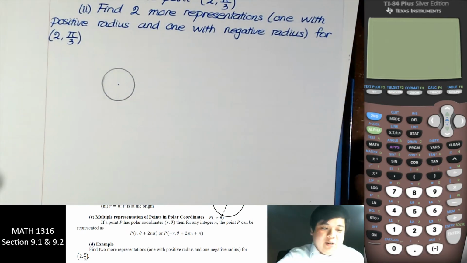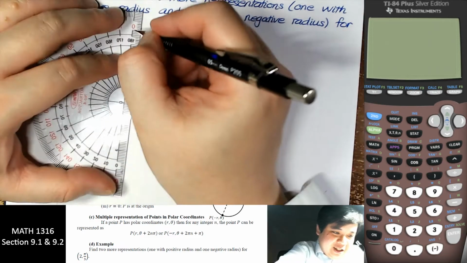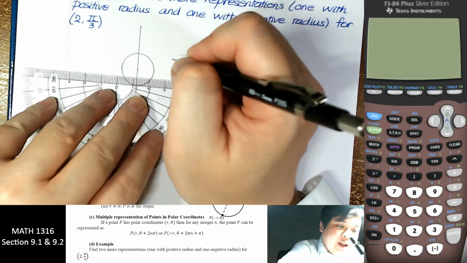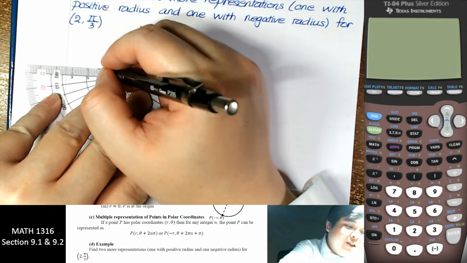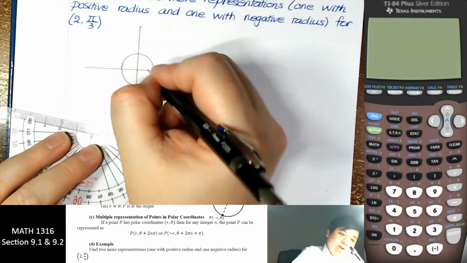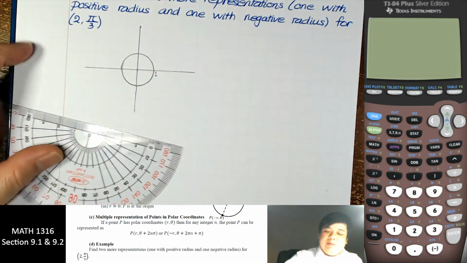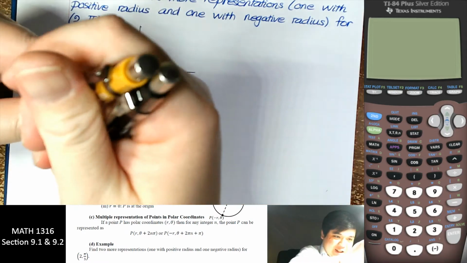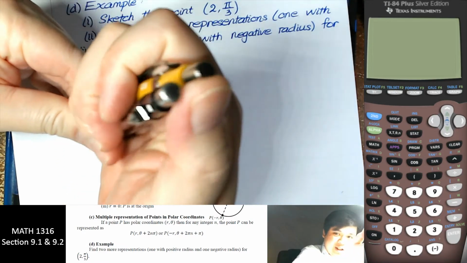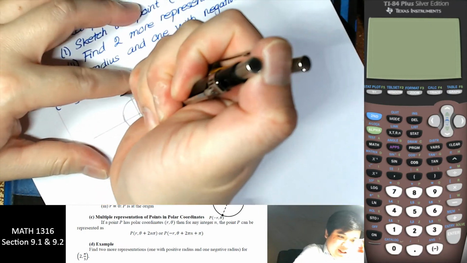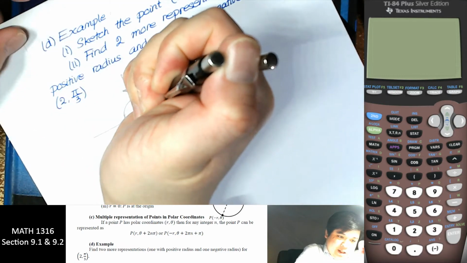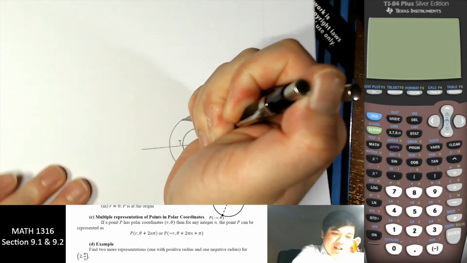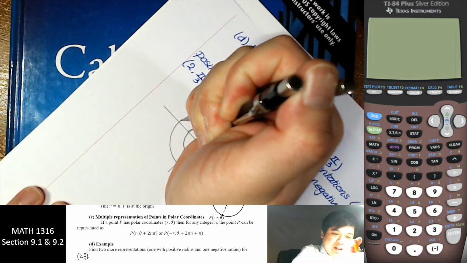Right, so we have one circle. This circle has radius 1. Now I'm going to draw the circle of radius 2. As long as the hand is steady, rotate the paper.